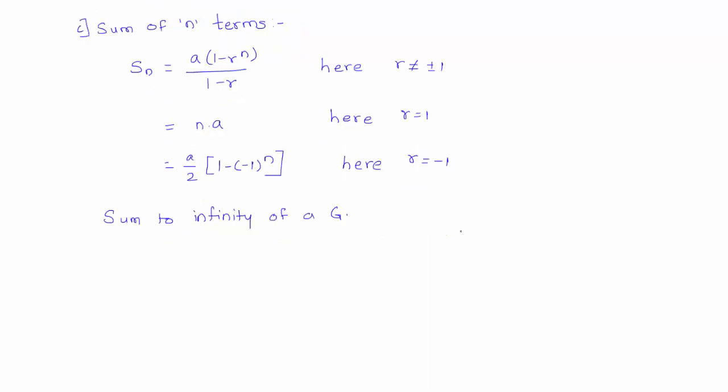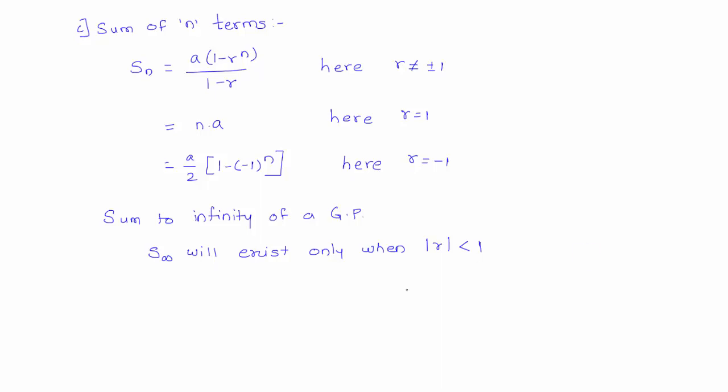Okay, students? So how to find the sum of infinite terms of a GP? Let me tell you first, S infinity will exist only when mod of R is less than 1. So this common ratio must lie between minus 1 and plus 1.